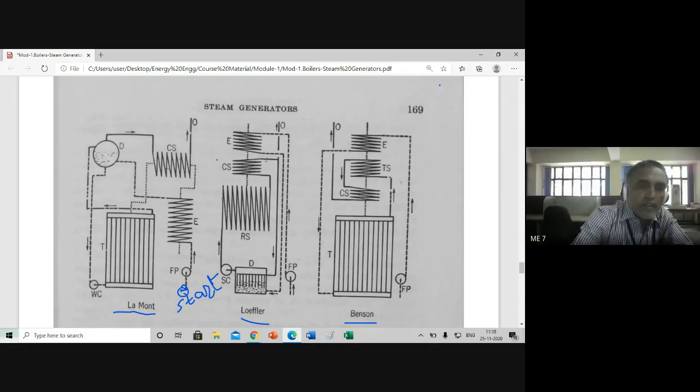Starting point here. The water is taken into the feed pump.